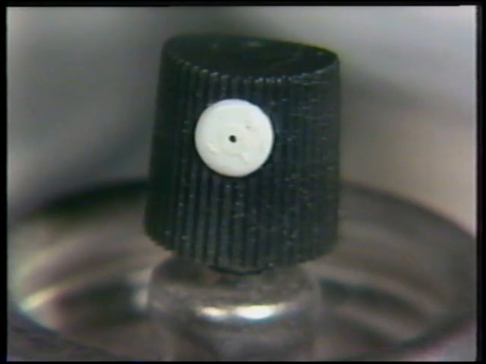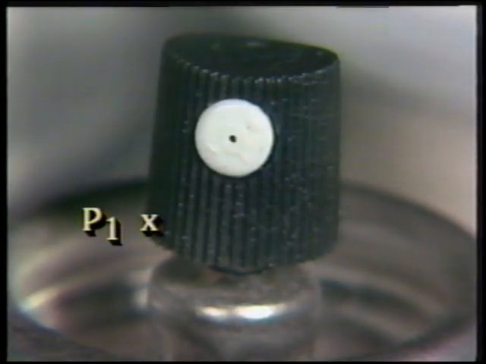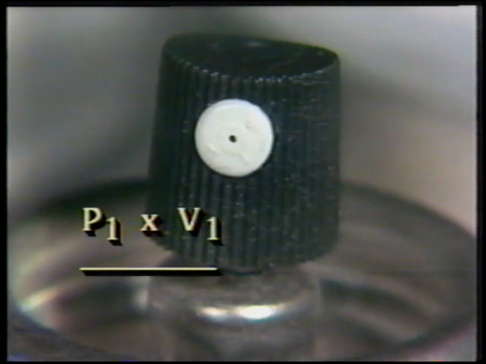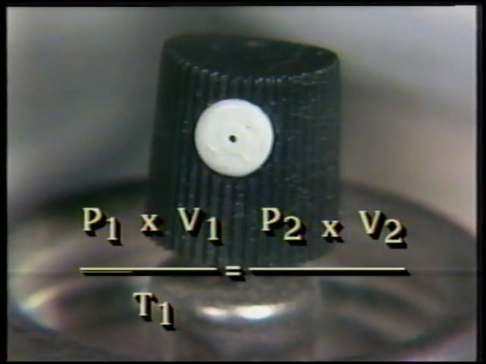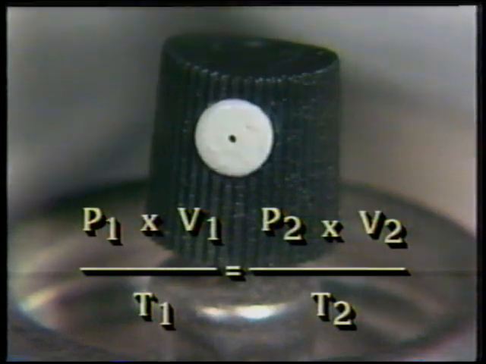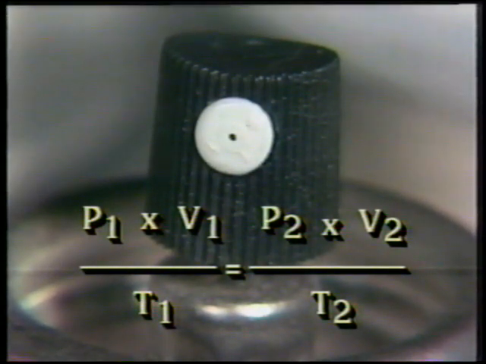The general gas law is expressed as the equation P sub 1 multiplied by V sub 1 divided by T sub 1 is equal to P sub 2 multiplied by V sub 2 divided by T sub 2. Remember, when using the formulas, temperature and pressure are expressed in absolute values.